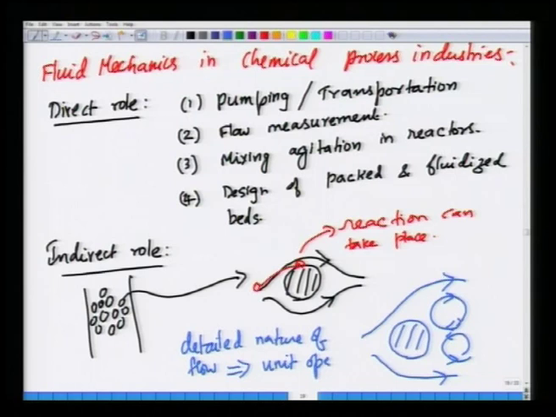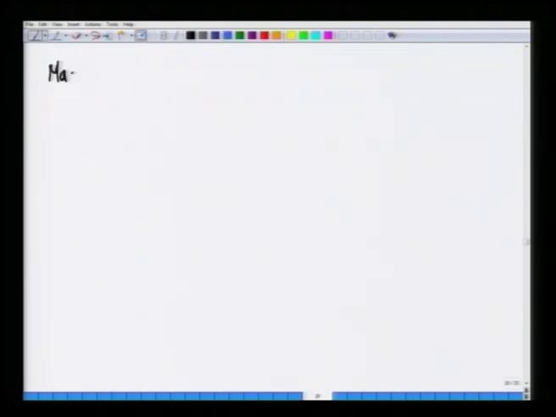And we saw that there are two ways in which we will analyze fluid mechanics problems. One is the macro level approach, and the other is a micro level approach.